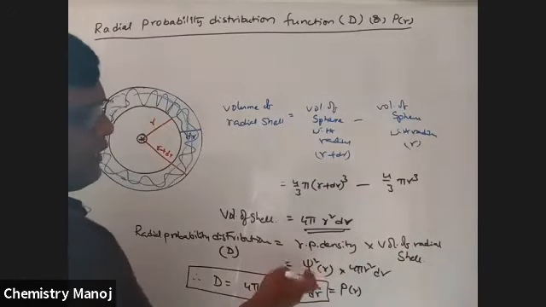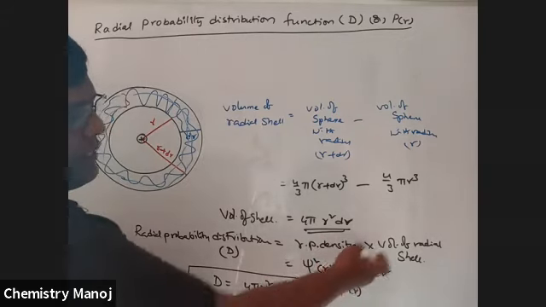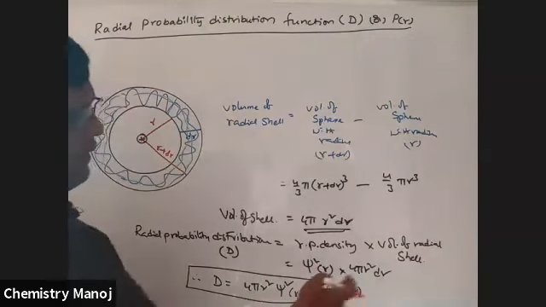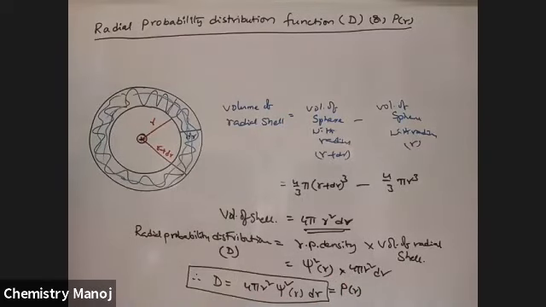Radial probability density is nothing but chi square, the density of the electron, and the volume is 4 pi r square dr. Finally, we get this formula. Now I am going to draw some radial probability distribution curves for different orbitals.